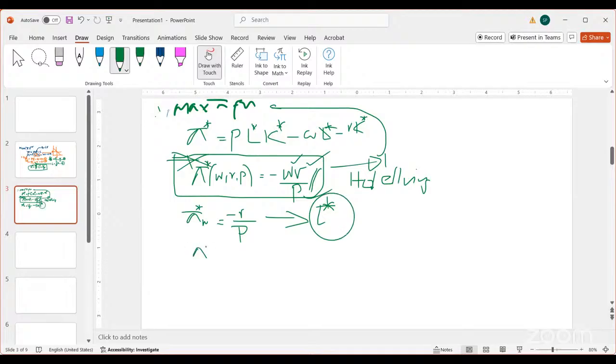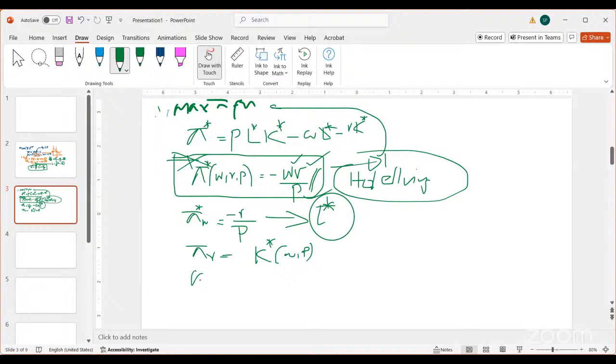Similarly, when you differentiate with respect to R, that's what we call Hotelling's lemma, you get the capital input demand function. That is also a function of input prices and the market prices.